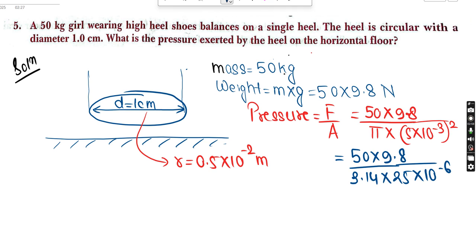If you solve it further, you are going to get around 6.24 into 10 to the power 6 Pascal. The answer you will already get in the exam also, but the procedure is very important. So this is your pressure, and you got it correct: 6.24 into 10 to the power 6 Pascal.